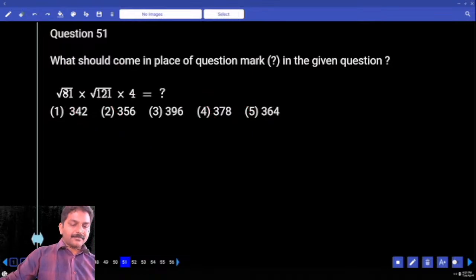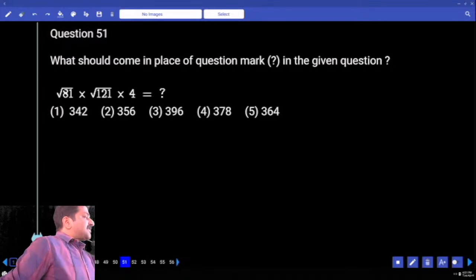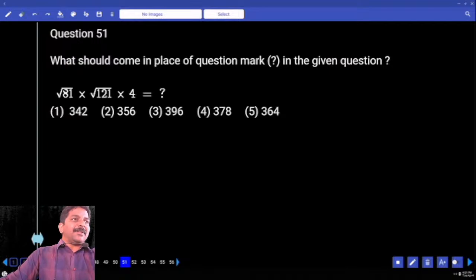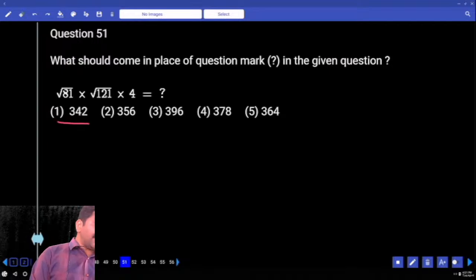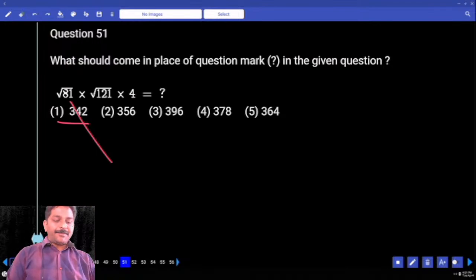Yes, matladali. When I looked at these numbers, interestingly I found two numbers. One is 9 multiple, the other is right. First option, is it 9 multiple? Yes. Is it 11 multiple? No. Second option, is it 9 multiple? No. Third option, is it 9 multiple?